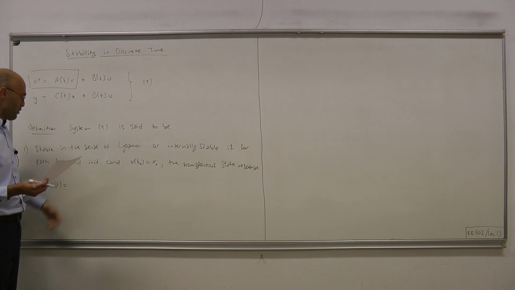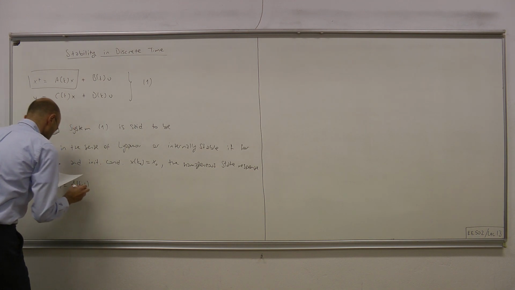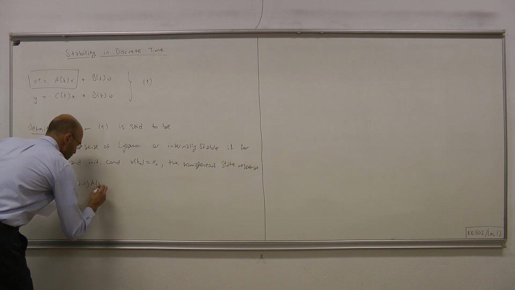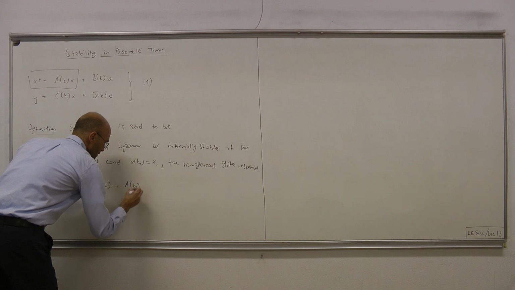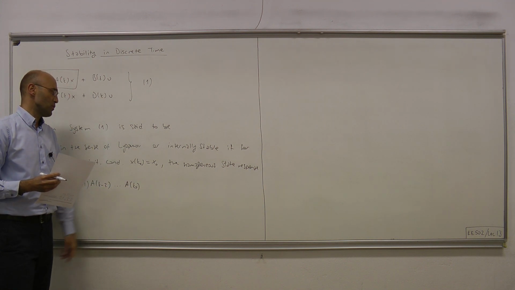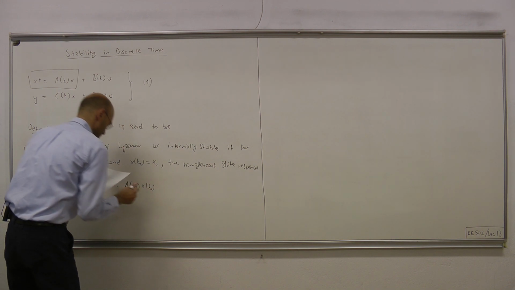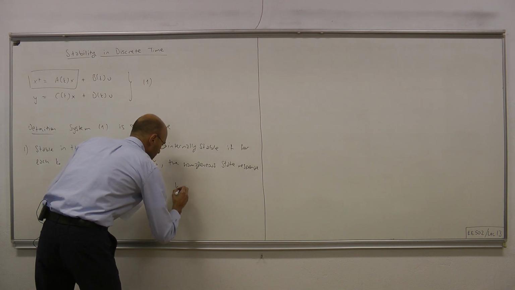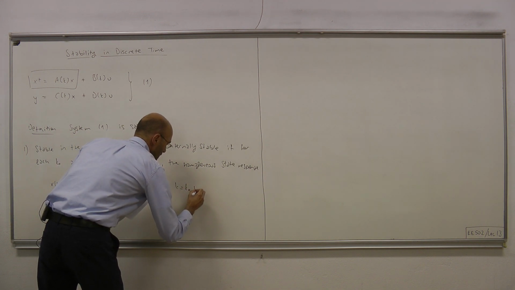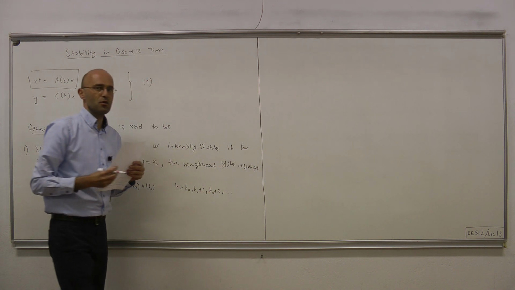If you keep on going, it's not difficult to see that x of k equals A of k minus 1 times A of k minus 2, and you go up to the initial time k0, times x(k0), which is x0, where k equals k0, k0 plus 1, k0 plus 2, and so on.